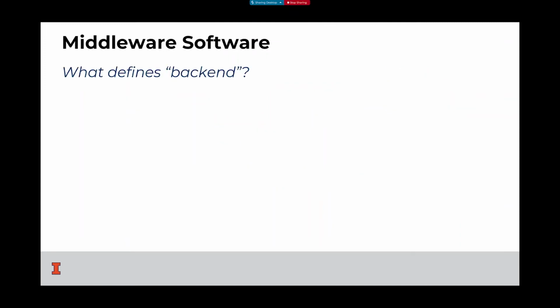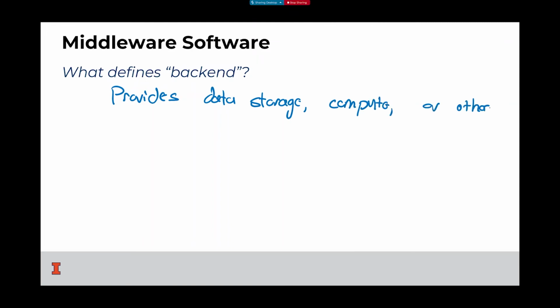And then just very quickly, backend. So what defines backend? Backend is anything that provides data storage, compute, or other resources to the app, not accessed by the front end.